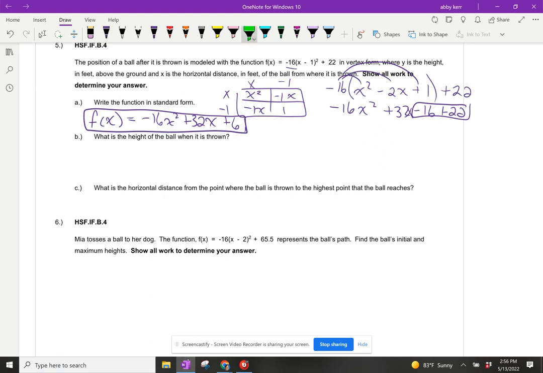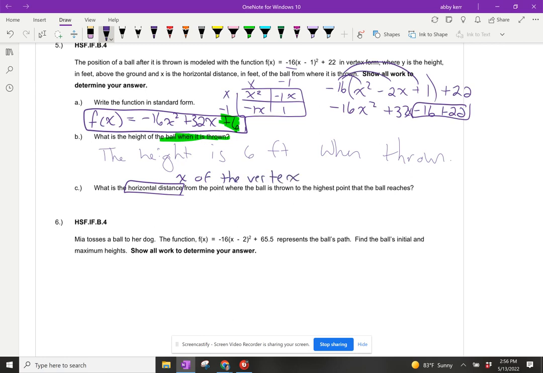So once again, our c value is when it's the y-intercept. So the height is 6 feet when thrown, because that's our starting value. What is the horizontal distance? Horizontal is our x value of the vertex.